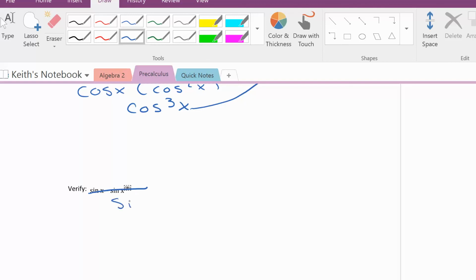So it's sine x minus sine x times cosine squared x equals sine to the third.